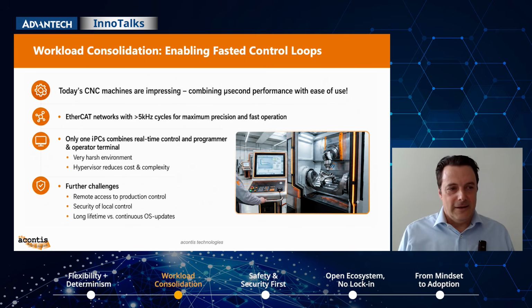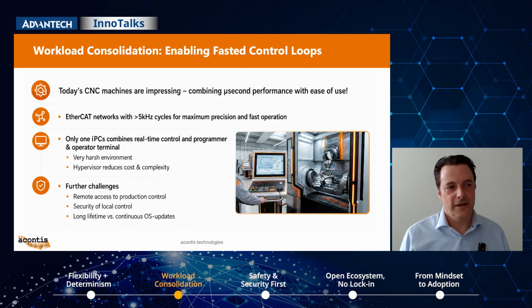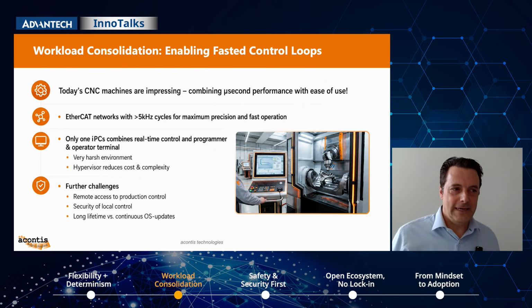So by combining this into a hypervisor, one part can stay stable and will also boot up always the same after restarting, and the other part can be improved over time to increase security and usability. So this is one part where we can really increase the speed of a machine by using a software-defined automation approach.